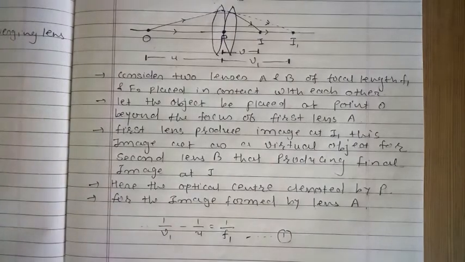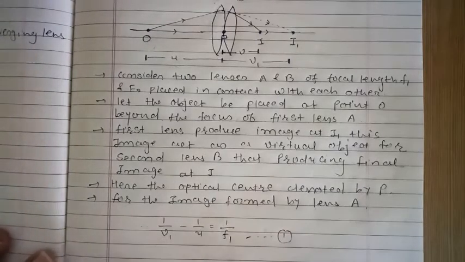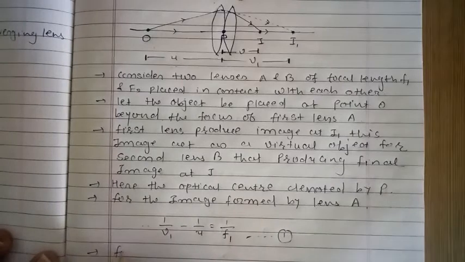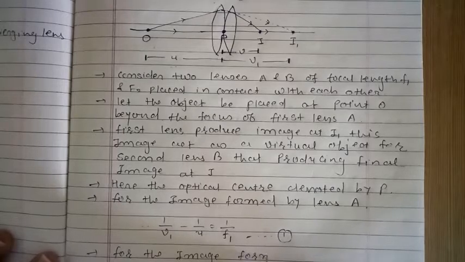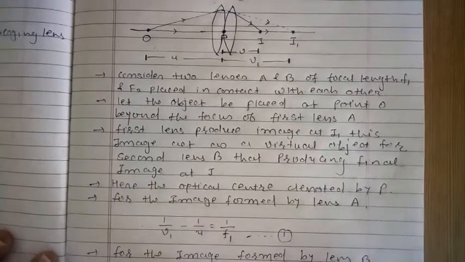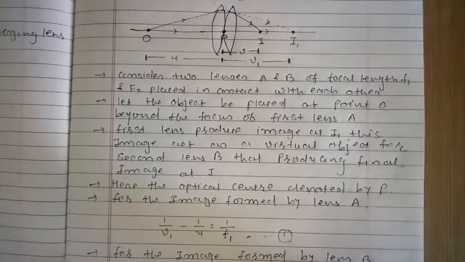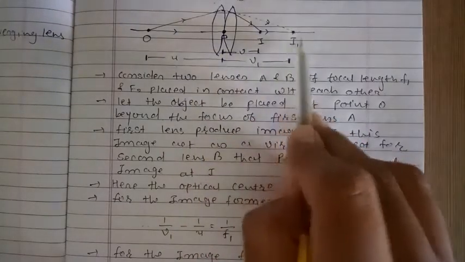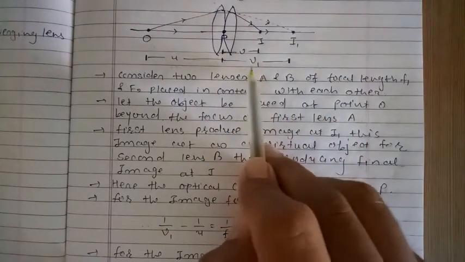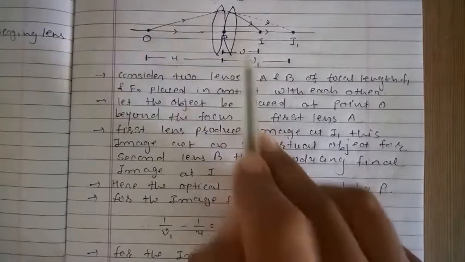Now we have to write this equation for lens B, right? So we can write that for the image formed by lens B. Now for lens B, object is I1, so object distance is v1 and image distance is v.